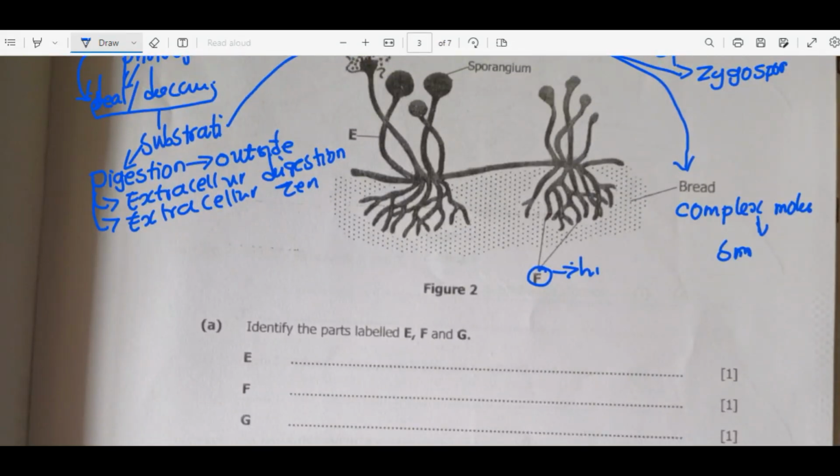So the first question is: identify the parts labeled E. So if this is the sporangium, then our E is sporangiophore. Then our F is rhizoid. Rhizoids are root-like structures. Then what is our G?